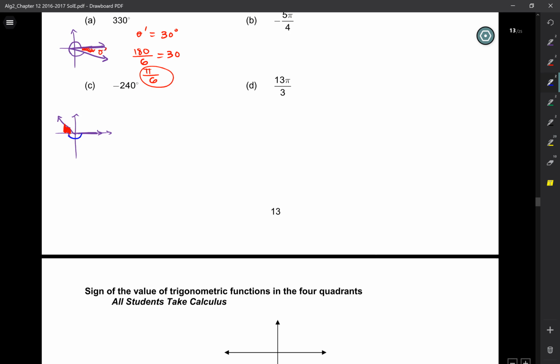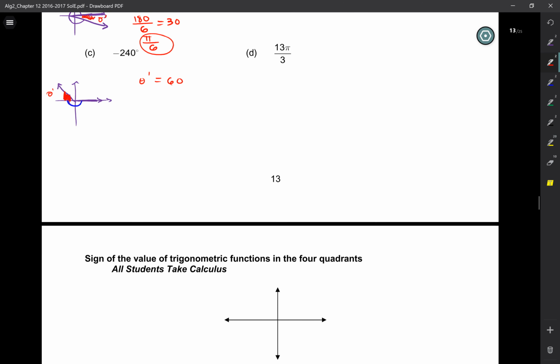From here to here, that would have been 180. How much more did I go to make it 240? 60. So the reference angle is 60. Okay, so I drew 240. From here to here, it's 180. I had to go an additional 60.